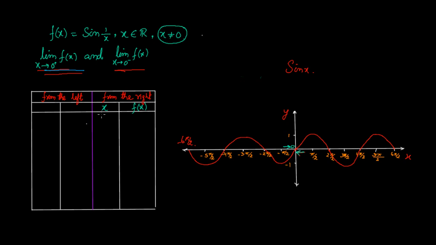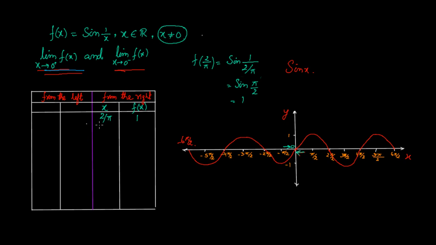The first point we shall take is 2 by pi. If we look at f of 2 by pi, that will be same as sine of 1 upon 2 by pi, and that is same as sine of pi by 2, that is equal to 1. So f of 2 by pi is equal to 1.